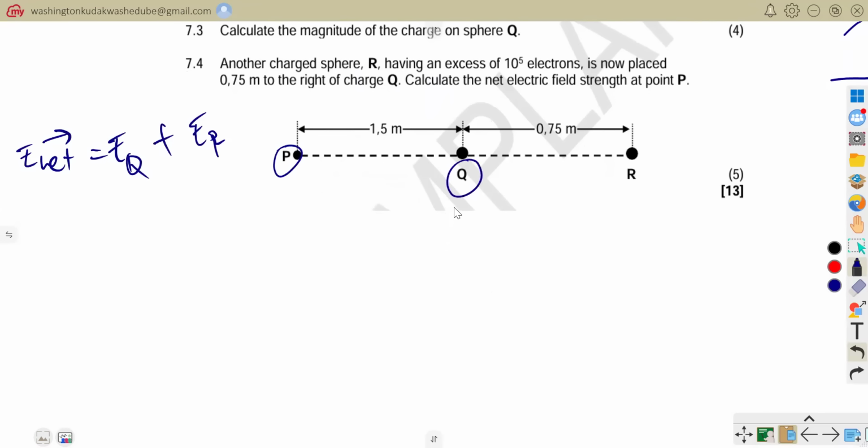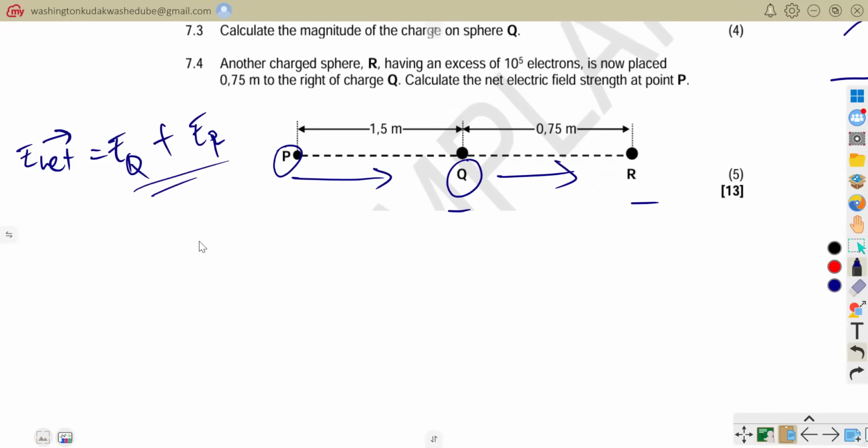We said this one is negative, and here they are saying this one has an excess of electrons, so this one is also negative. So the electric field due to Q would be towards Q, and the electric field due to R will also be towards R. So the electric fields are in the same direction, so here we get to add.